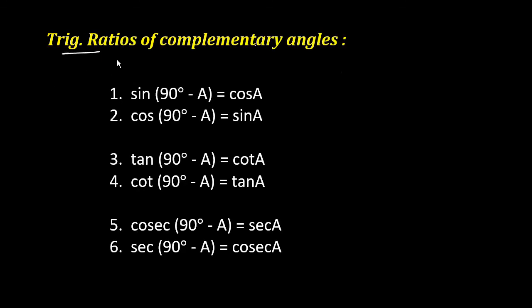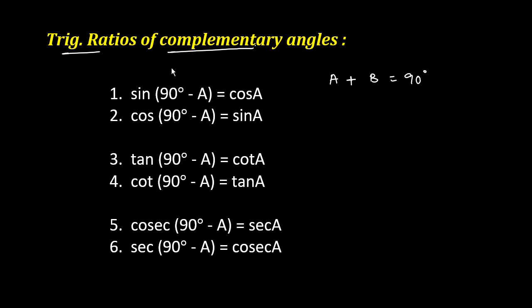Next, trigonometric ratios of complementary angles. What are complementary angles? Two angles are said to be complementary angles when the sum of those two angles gives 90 degrees. So these are the complementary angles related trigonometric ratios.